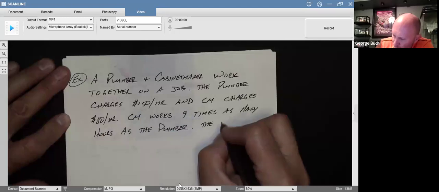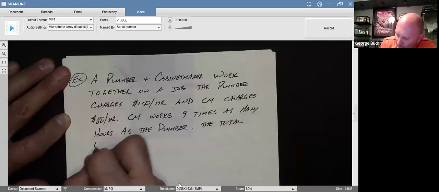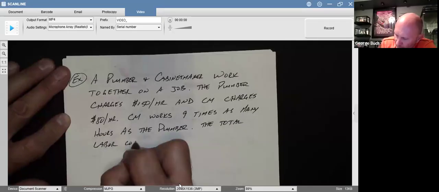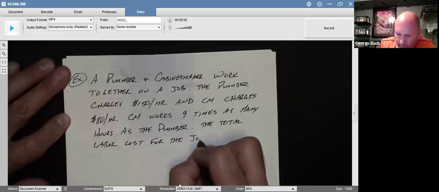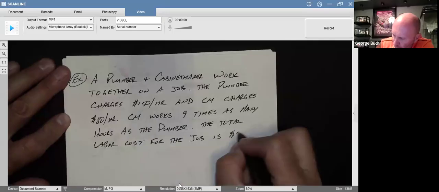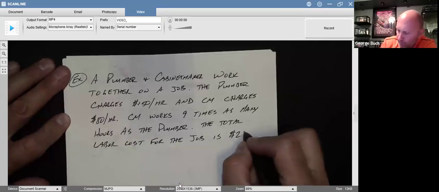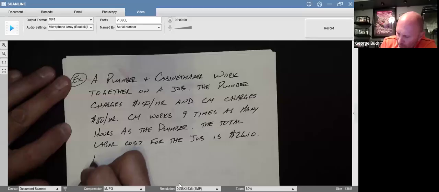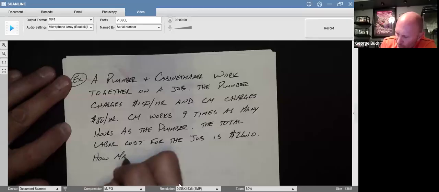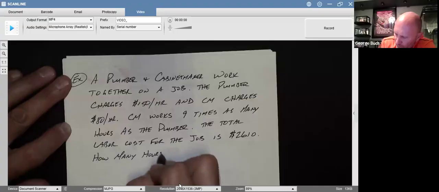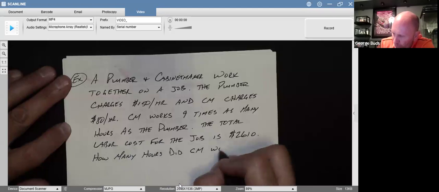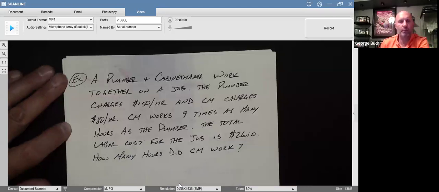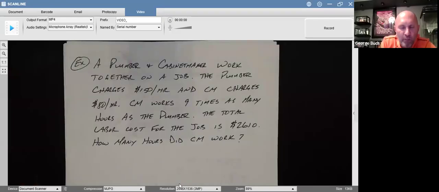The total labor cost for the job is $2,610. How many hours did the cabinet maker work? So go ahead and hit pause, get it all written, come on back. All right, welcome back.